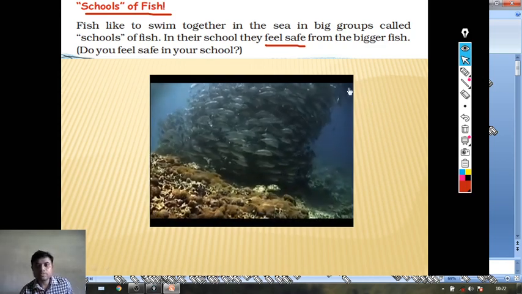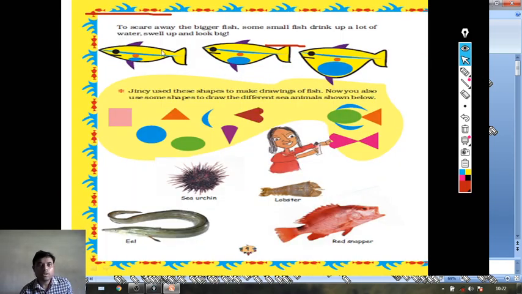Okay, now we will go to the next page. Turn your page. To scare away the bigger fish, some small fish drink up a lot of water, swell up and look big. So to scare away bigger fish, what do the smaller fish do? Look, they drink up water. Look, the blue color indicates the water.